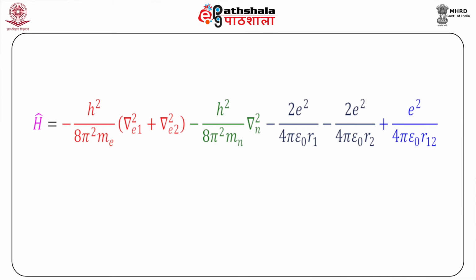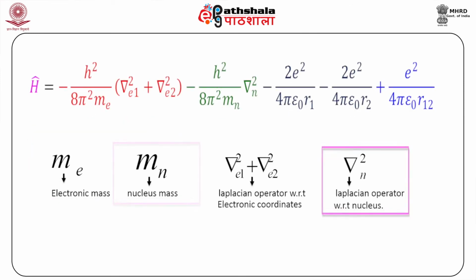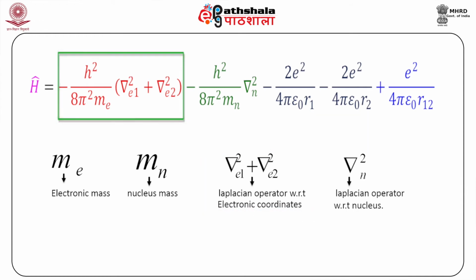So again, me is the electronic mass, mn is the mass of nucleus, delta n is the Laplacian operator with respect to position of nucleus, delta E is the Laplacian operator with respect to electronic coordinates of the two respective electrons present in the system. The first term gives the kinetic energy of electron 1 and 2 respectively.